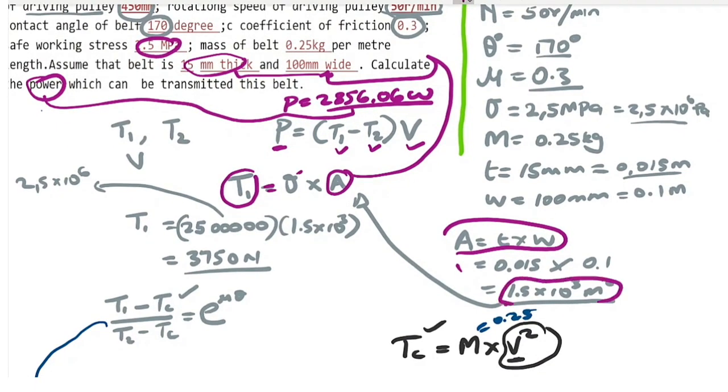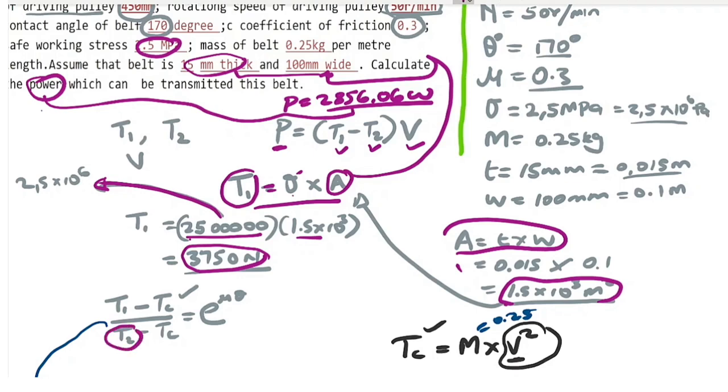We take it to substitute on this formula. From here, we put this 2.5 megapascal. We converted it to Pascal. So it gave us this number. This number is the same as this number, 2.5 times 10 to exponent 6. Then this area, then we get our T1 to be 3750 newtons. From there, we have to find T2.